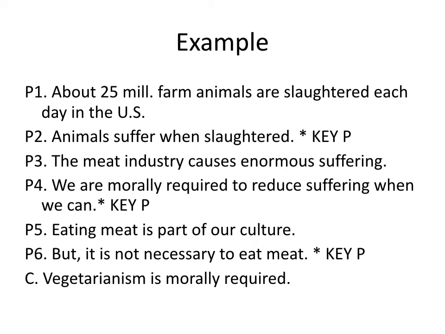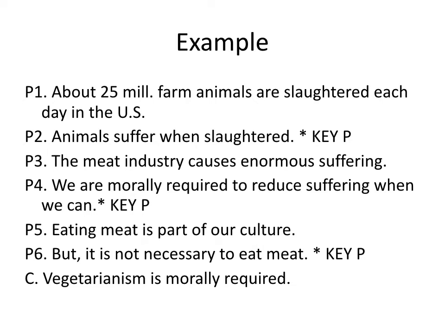But P6 is very important. It states it is not necessary to eat meat. This works together with P4. Let's look at that one again. We are morally required to reduce suffering when we can. So if someone has to eat meat to live, then they won't be required to stop eating meat because it causes animal suffering.